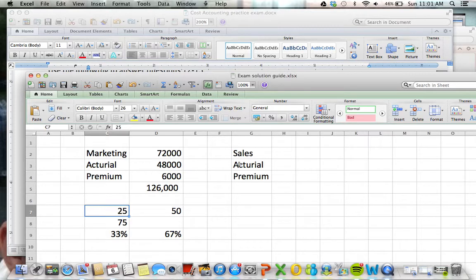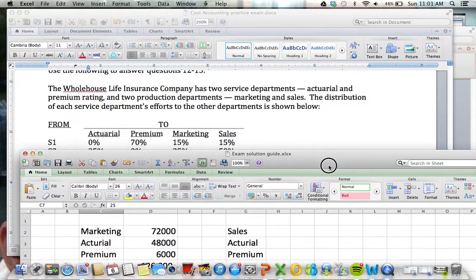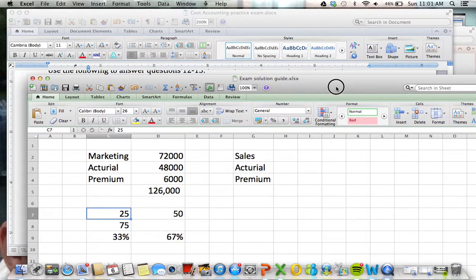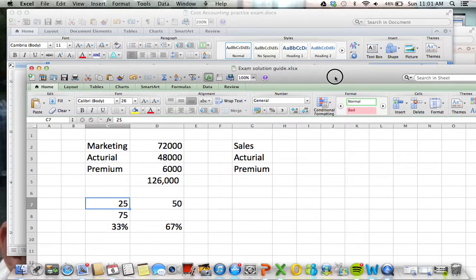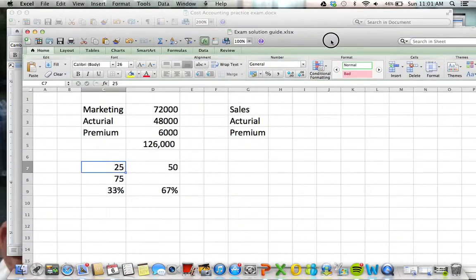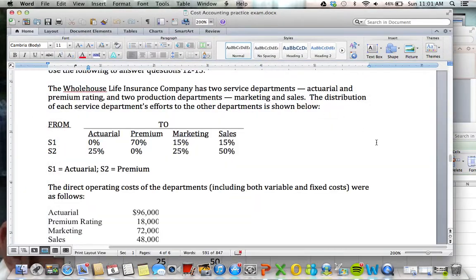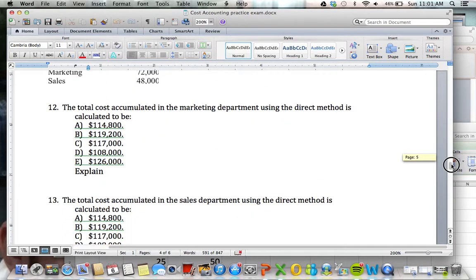The idea is what's the usage. So you can just put in the 25 and 50 and look at the proportion they represent of the total. So the answer is 126, and the answer here is E.